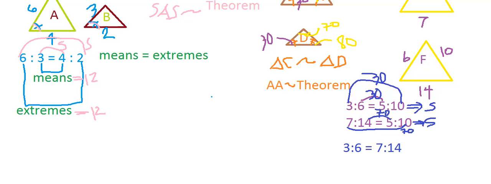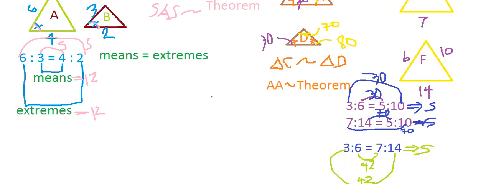So let's find out. The means are 6 and 7. How much is 6 times 7? This is 42, right? How about 14 times 3? Is this also 42? Yes, for sure. Therefore, we've got the third side, which is also proportional.